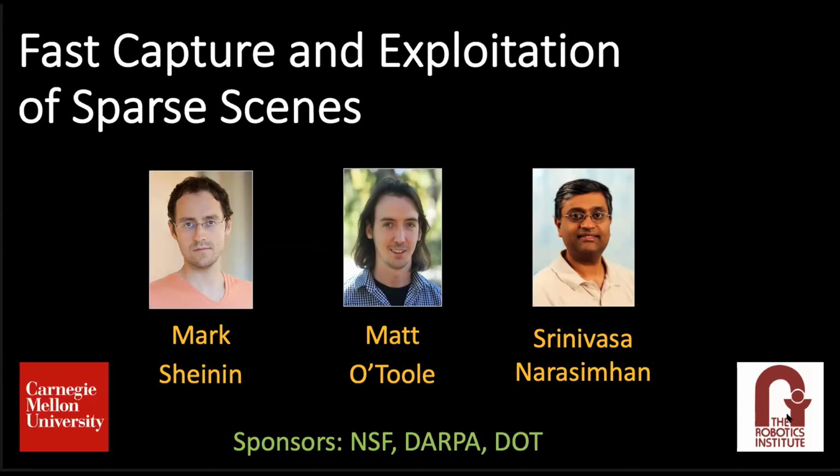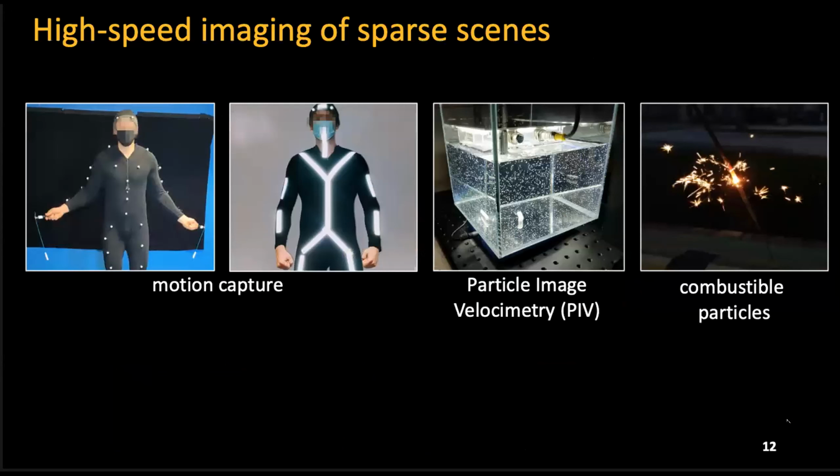Examples of these are in motion capture, where you have retroreflective markers and there could be very fast motion. In particle image velocimetry, you have lots of particles that are reflecting light and moving really fast, as well as crazy examples like combustible particles. If you look at fireworks, you see all these combustible particles moving very fast.